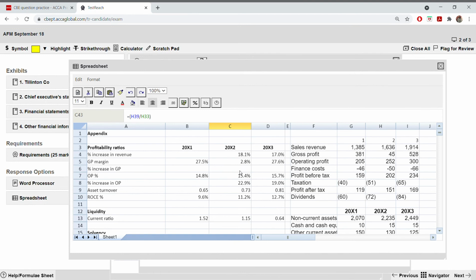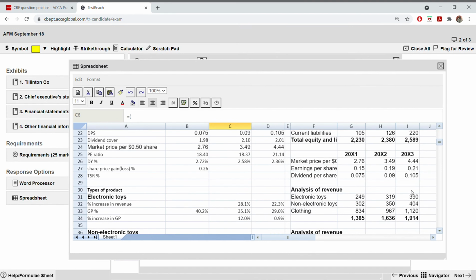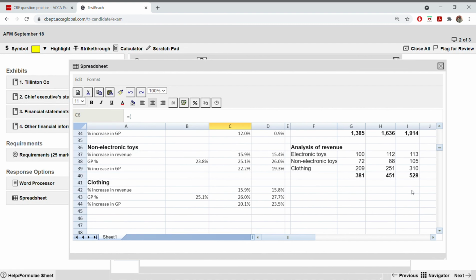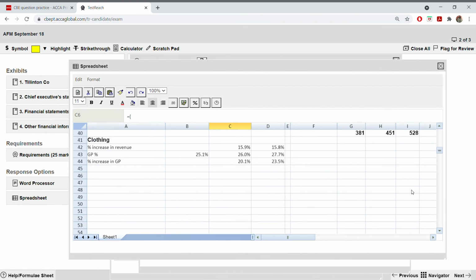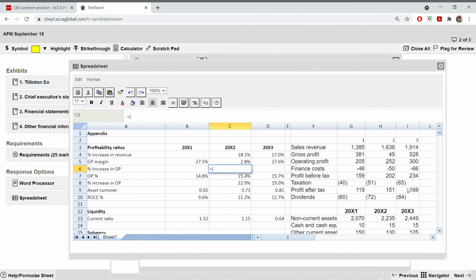Now it's understood why this is coming out wrong.